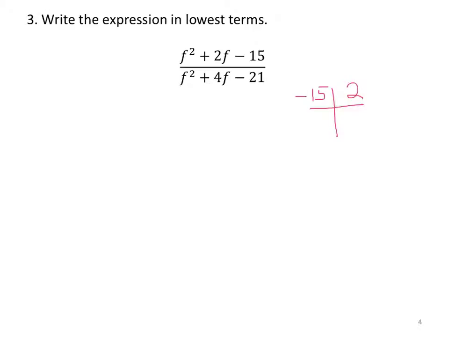Well, 5 and 3, the difference of 5 and 3 is 2, and we have to multiply to get a negative number, so one of those numbers is going to be positive, one is going to be negative. If the larger number is positive, then when we add them, we will get a positive, which is what we want. So our 2 numbers are 5 and negative 3. So we can simply rewrite the numerator as f plus 5 and f minus 3.